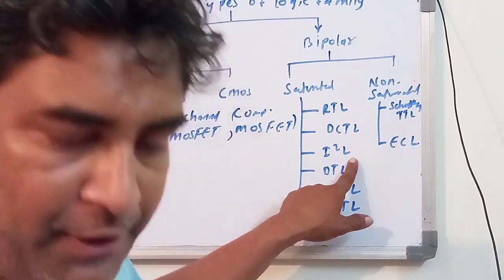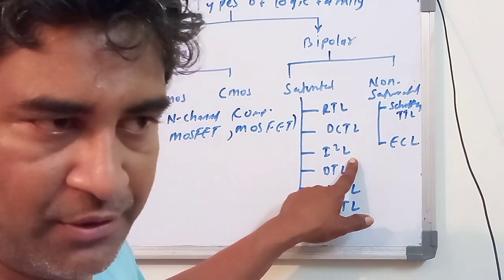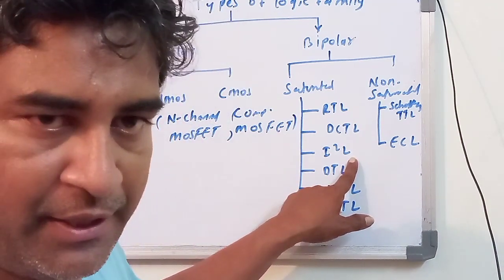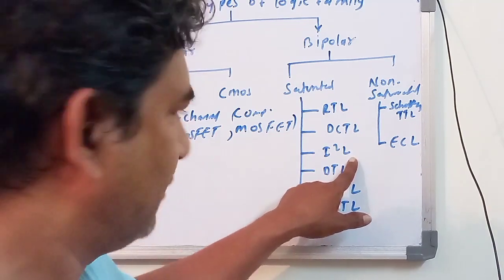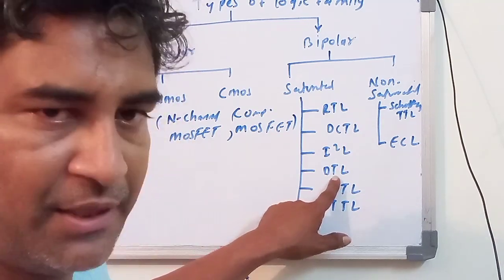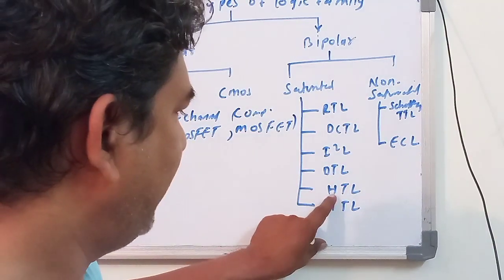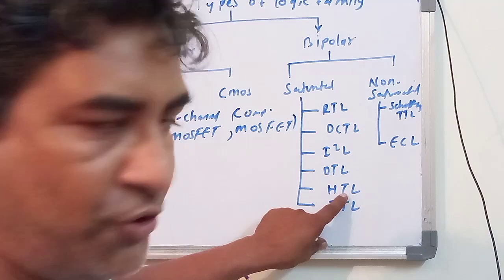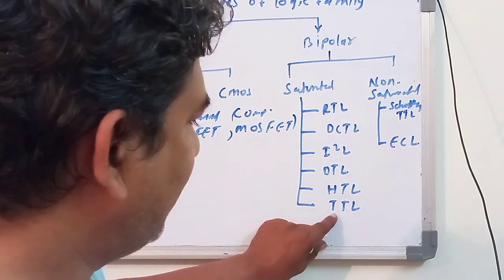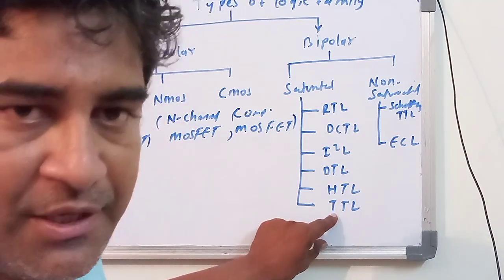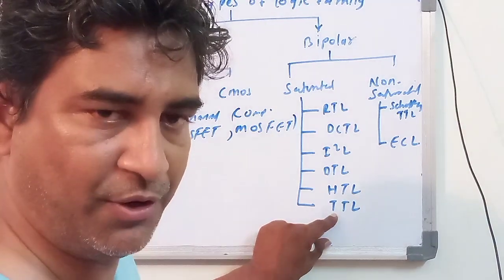It is integrated injection logic. Then comes DTL, that is diode transistor logic. Then comes HTL, high threshold logic, and at last it comes the TTL, that is transistor transistor logic.